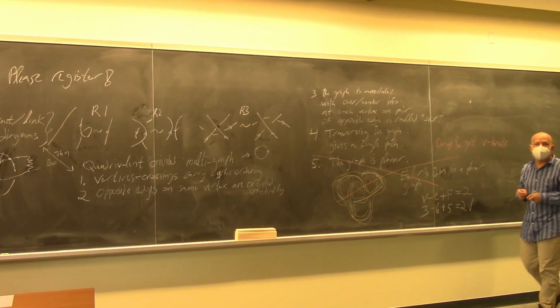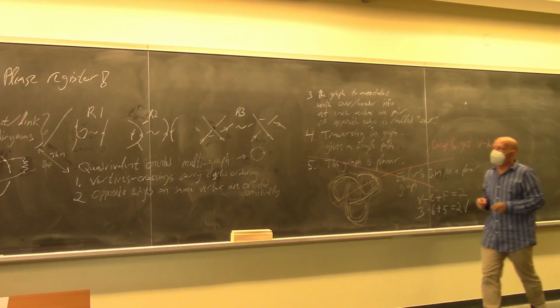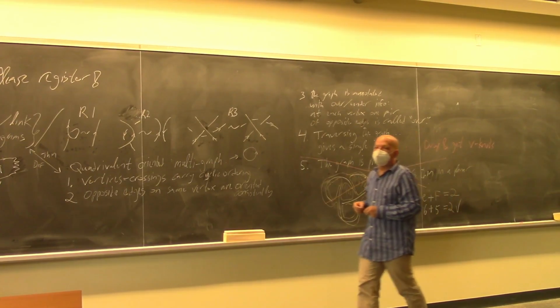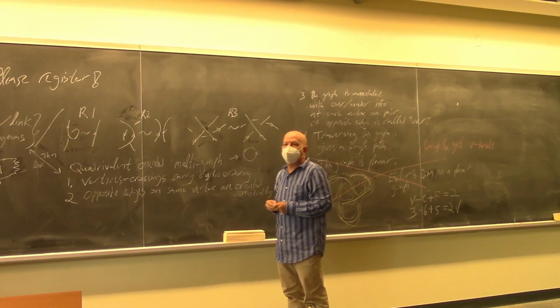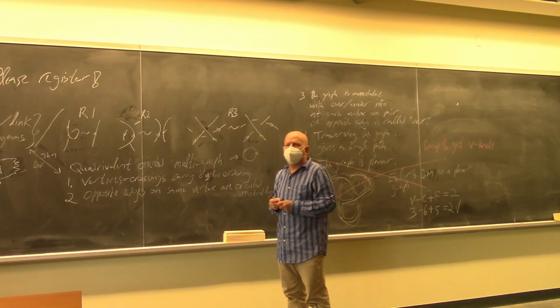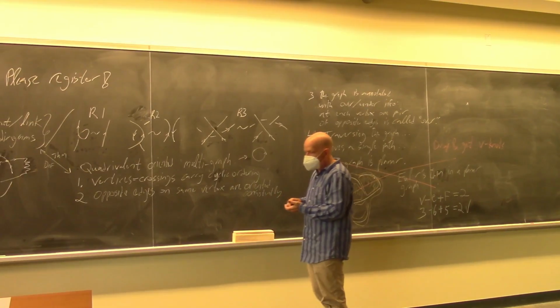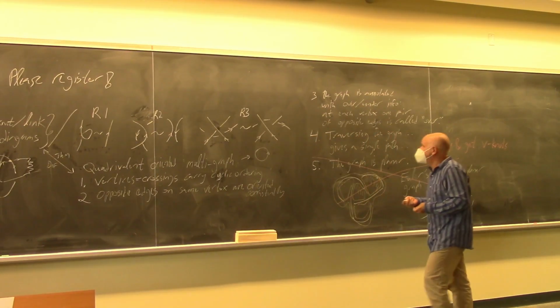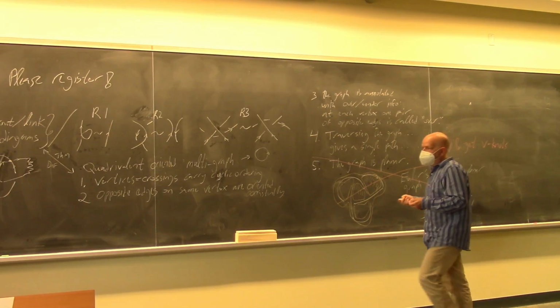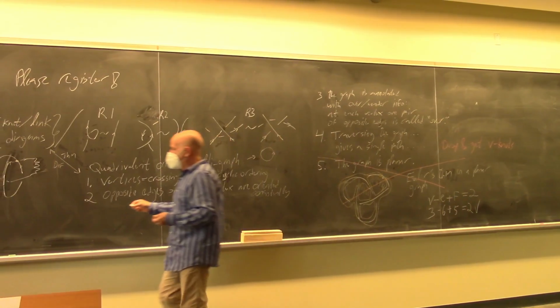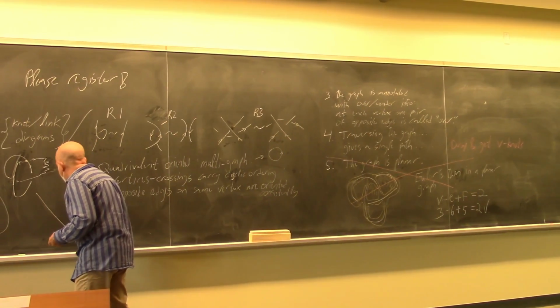Yes? I'm confused by the cyclic ordering part. I feel like each vertex should appear twice in the ordering somehow. So the ordering is not an ordering on the vertices. The ordering is an ordering of the edges around each vertex.